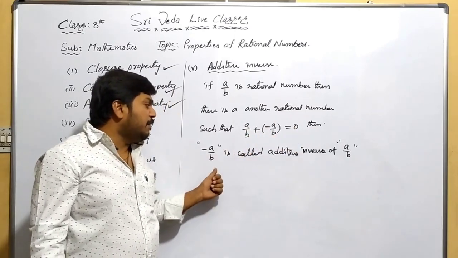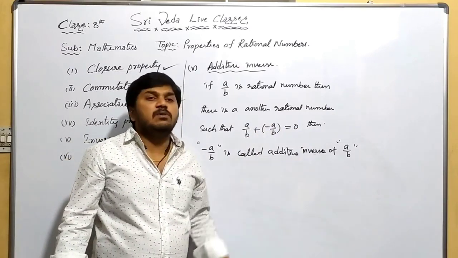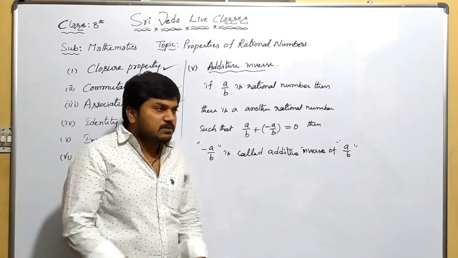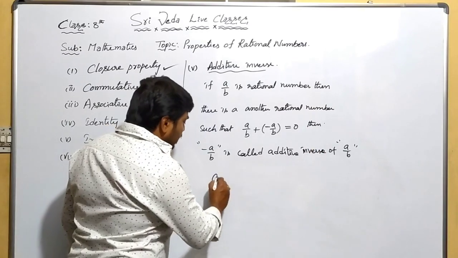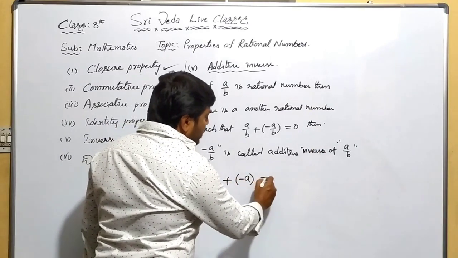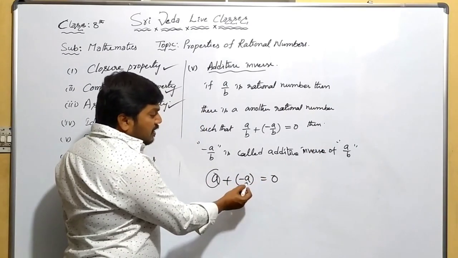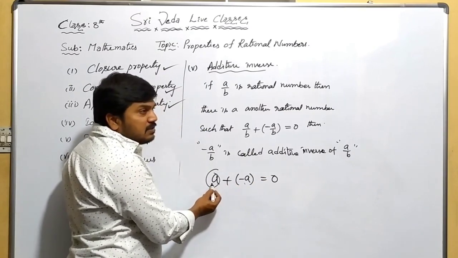Then minus a by b is called the additive inverse of a by b. You see that? a plus minus a equals 0. That means minus a is the additive inverse of a.